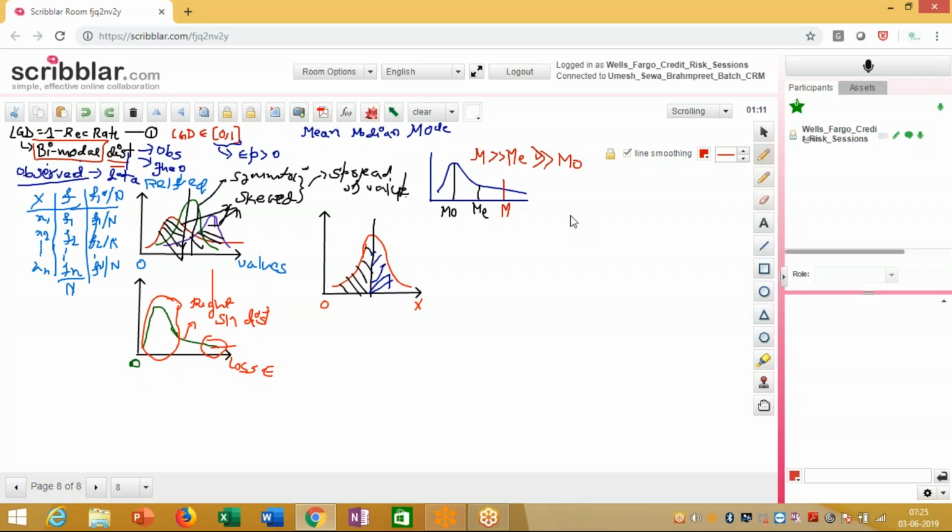Right? The relationship just reverses in case of a left skewed distribution.